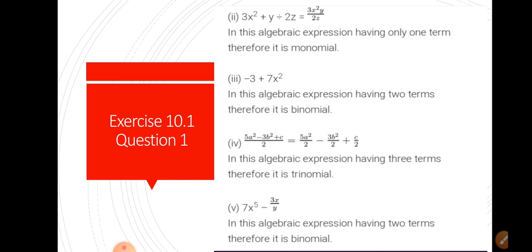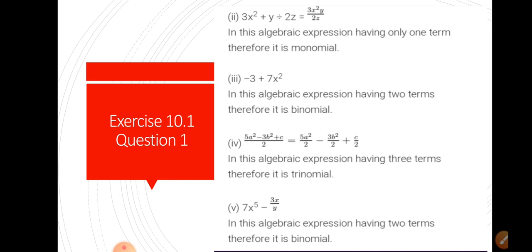So we can discuss it with the first expression. It is given 3x square y divided by 2z. Monomials, we know, have one term. Binomials have two terms.